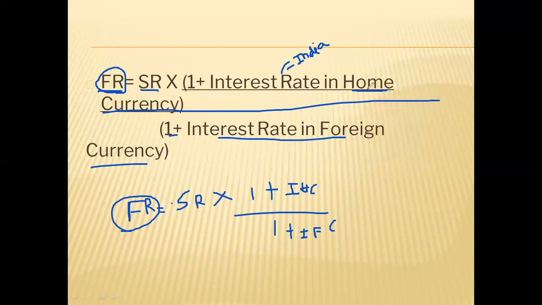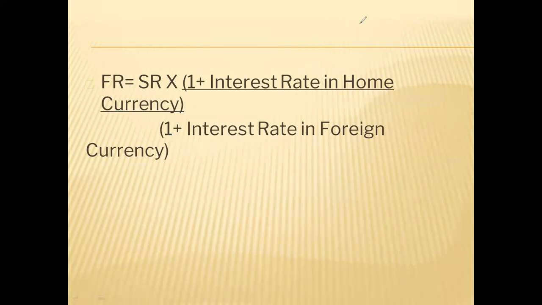We will see how to calculate that. Then you will get the estimated forward rate for that number of months. Suppose you are interested in finding out the estimated forward rate of the dollar after 3 months, you can apply this formula. You can find out the forward rate for the dollar after 3 months.